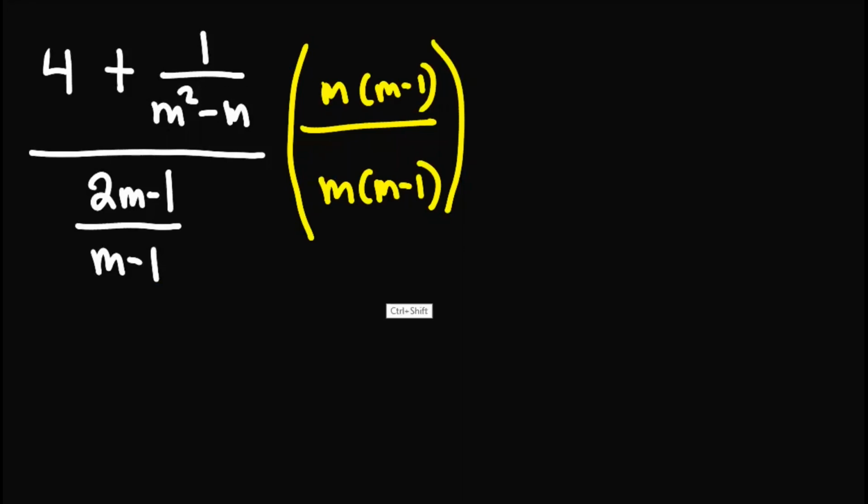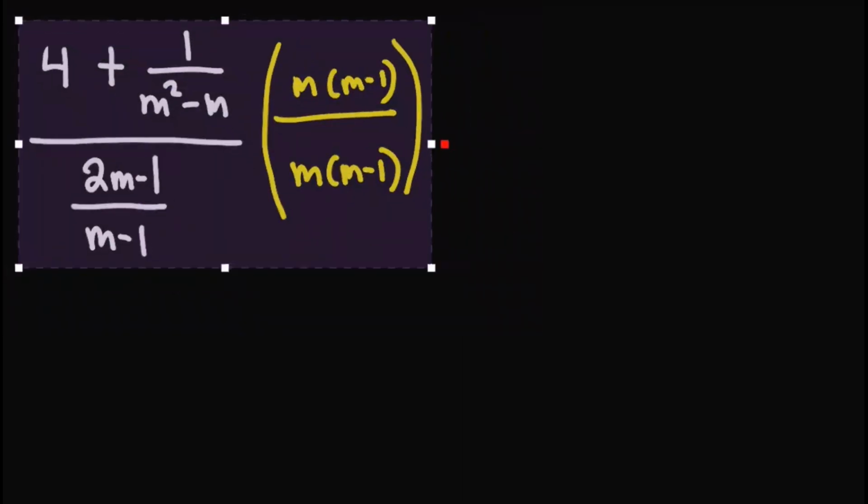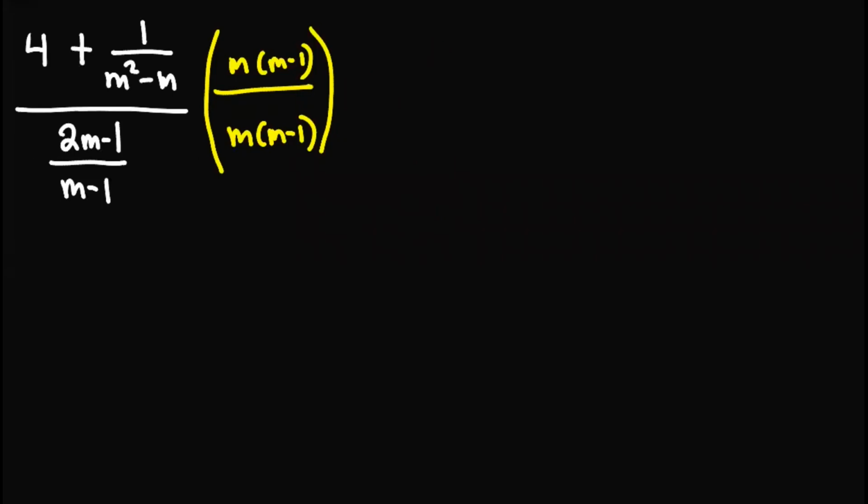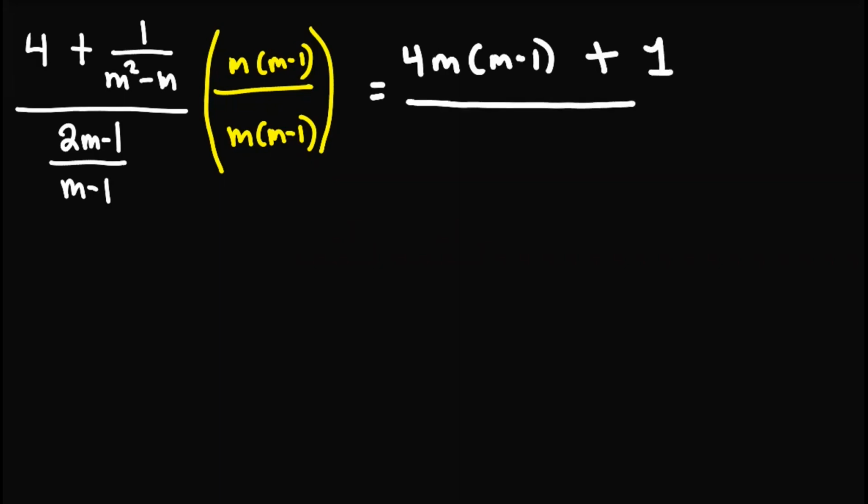The outcome is 4m times m minus 1 plus, we know that m times m minus 1 is m squared minus m, so this one will simply be 1, all over the denominator. When we distribute this one, m minus 1 would cancel, so we are left with 2m minus 1 times m.